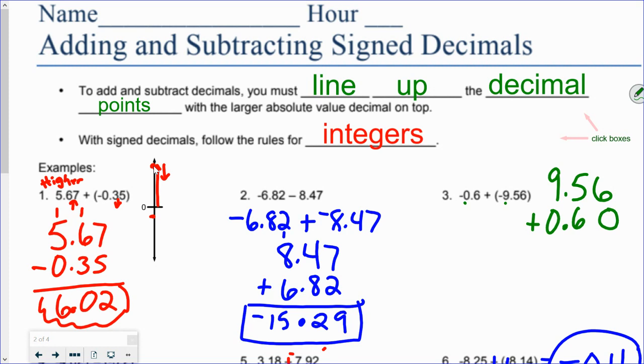You should hopefully remember that from last year. If not, at least now you got to know it. Now I can add because they are the same signs. I know exactly where my decimal is going to go. We got a negative 10 and 16 hundredths.